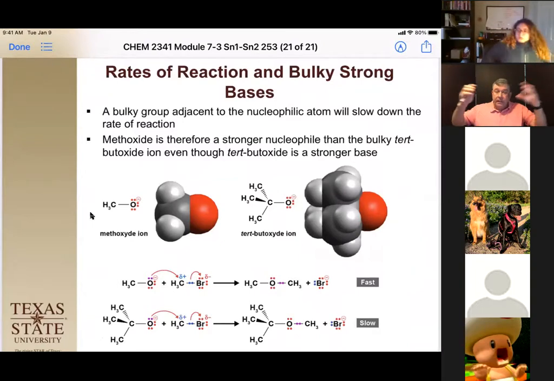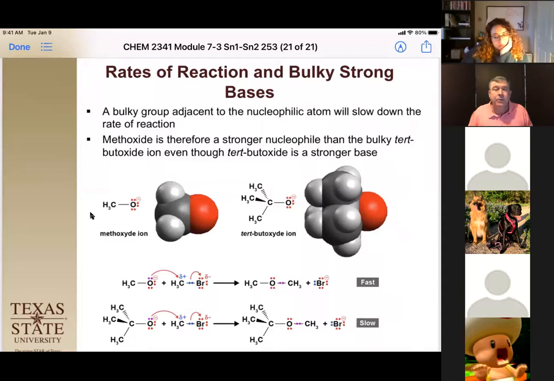Remember, they have to have enough kinetic energy and enough things hitting together. They're bigger, they're harder to get fast enough, and they diffuse more slowly in your solution. So in the case of methoxide versus t-butoxide, the methoxide is a much faster reaction to do the substitution product versus the t-butyl group. It still goes, but it's a much slower reaction.